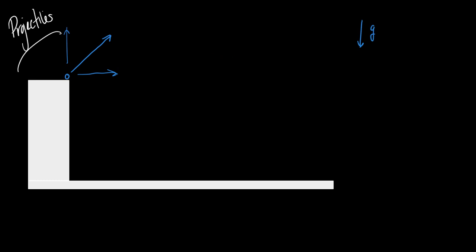Where this breaks down is when you have true air resistance. Air resistance opposes motion. So if the object were here, traveling with a velocity in this direction, it would have air resistance in that direction, and air resistance is an acceleration.